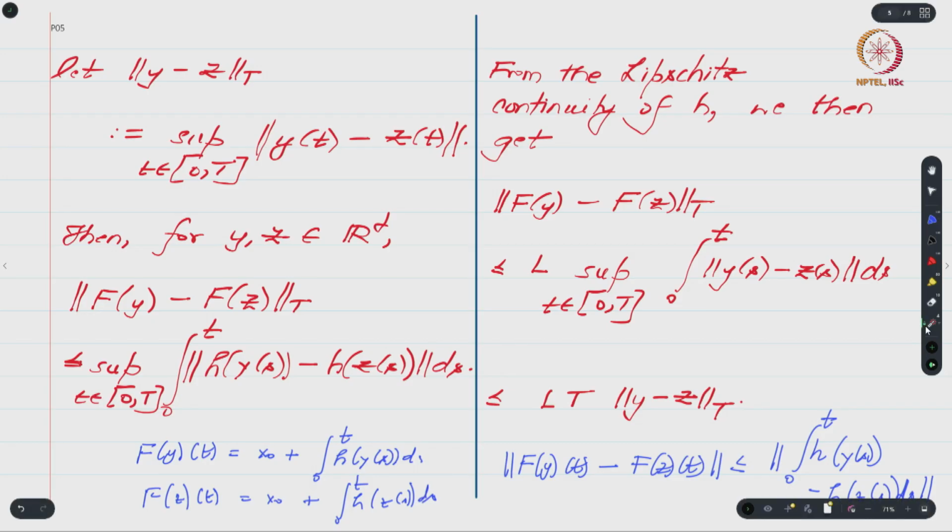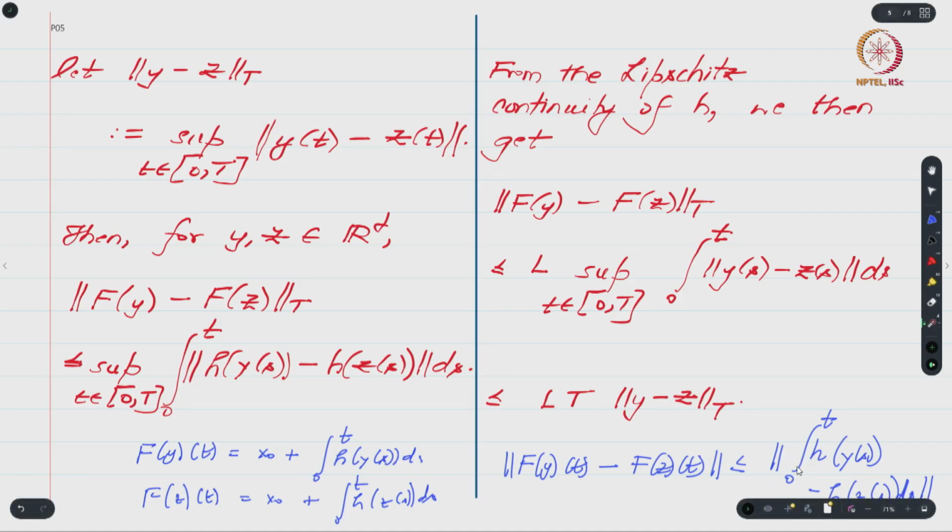Now observe what I have done over here. On the left hand side we have this metric with regard to this time instance capital T, which is defined in this sense. So you will have a supremum taken over all these values, and by properties of this metric and integrals, one can take this inside via what is called the triangle inequality.